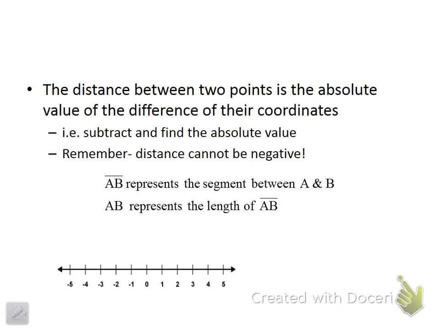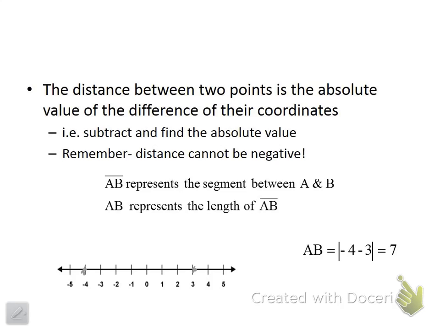So say I have my points at -4 and 3. What I'm going to do is take the absolute value of it. So this is A, this is B. So -4 and 3.